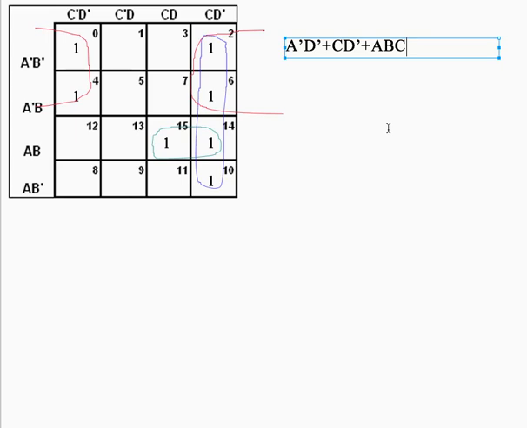So what we have learned so far is to actually get a sums of products form straight out of the Carnot map. Now, what would happen if I wanted the products of sums form?